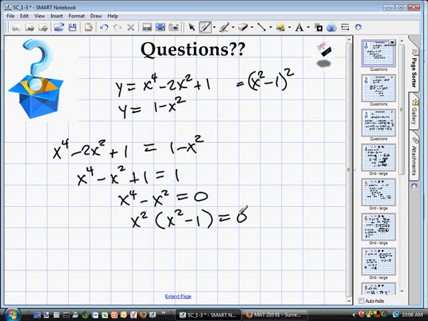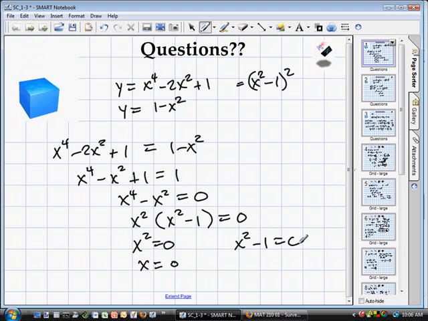So now you can set each factor equal to 0. That's the one we got before. But we also get this one. So now we wind up with 3. Something about some techniques: when you cancel, you can hide some other solutions.